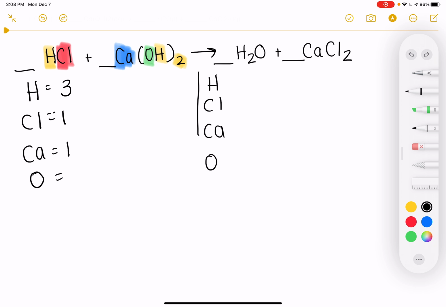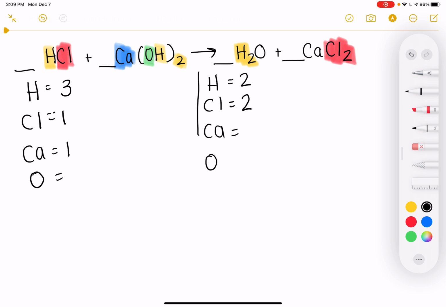I'll try and keep those colors going as they go across. So for H's, here we've got 2, right? And there's no other ones. So for here we've got 2. Remember that little 2 below is telling us how many H's we have. For Cl's, this is our Cl, and we've got another number 2 below it, so that's 2 Cl's.